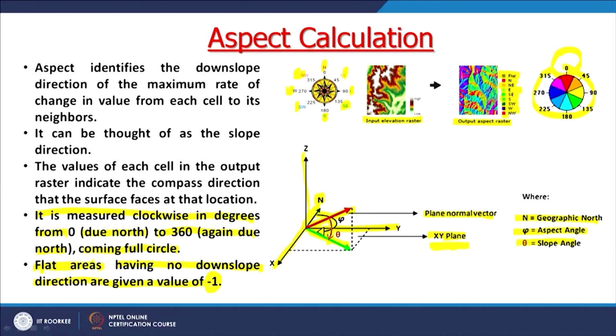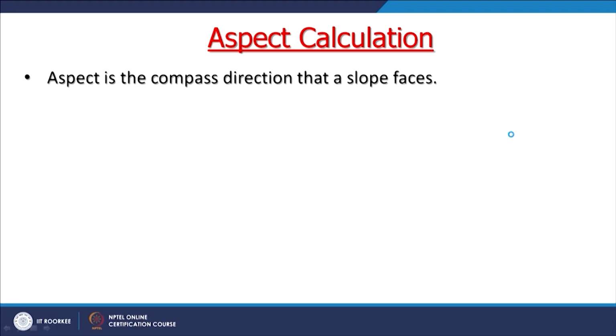Particularly in the software it is assigned a -1 value. So, automatically it can be identified that this is a flat terrain. Here you are seeing only 8 directions in the legend plus 1 flat, but in the system for each sloping surface you can have variations between 0 to 360 degrees.